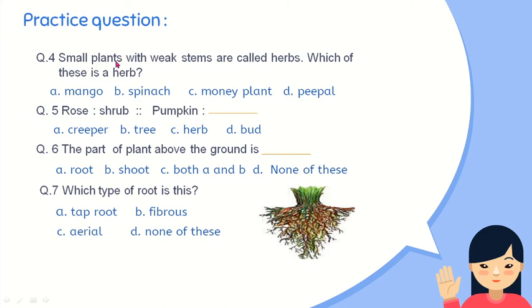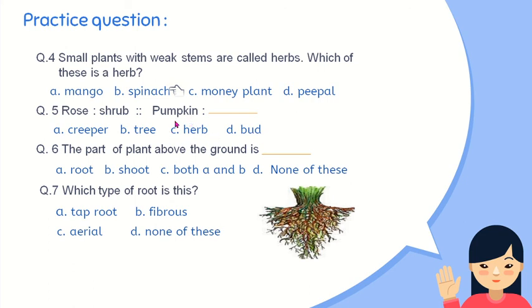Next, small plants with weak stems are called herbs. Which of these is a herb? Mango, spinach, money plant, peepal. So the answer will be spinach. If rose is a shrub, then pumpkin will be creeper, tree, herb, or bird.